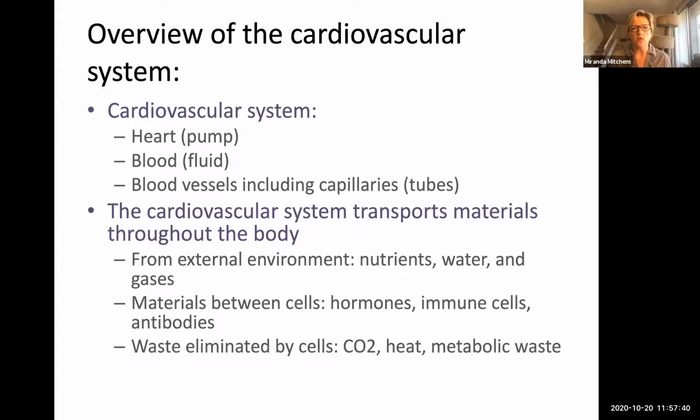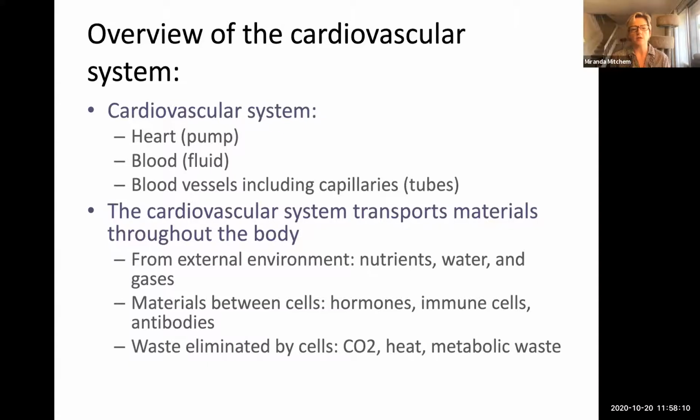But we also need to recognize that the bloodstream, the cardiovascular system, is also used to distribute all of the various hormones that our body uses. The water-soluble ones do travel through the bloodstream, but they target the cells that have their receptors.